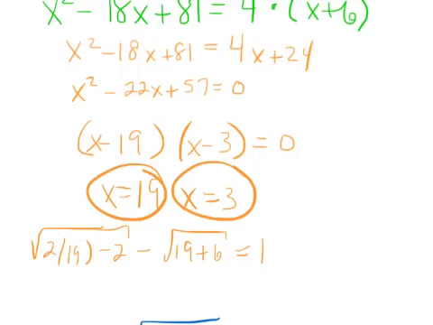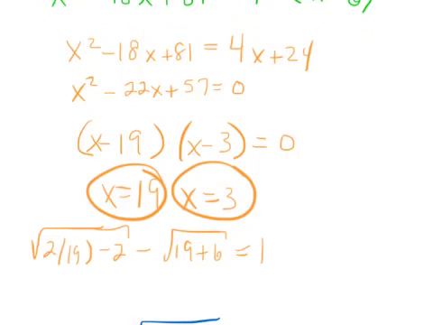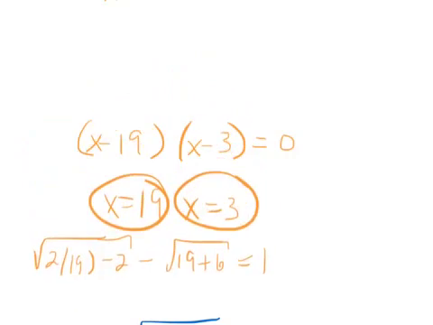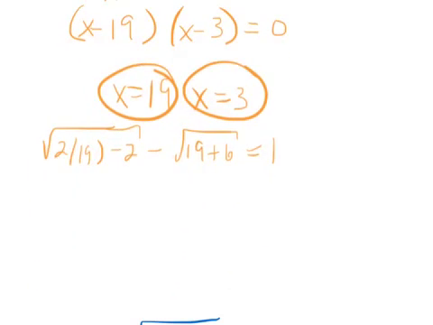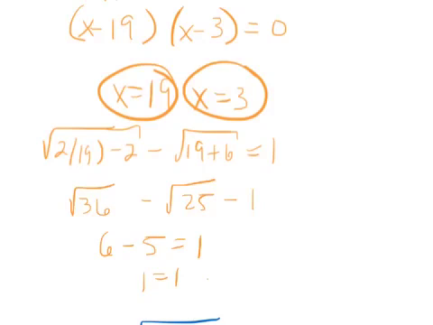That's our first check. 2 times 19 is 38, minus 2, that's what you meant, right? Clearly. True? True.